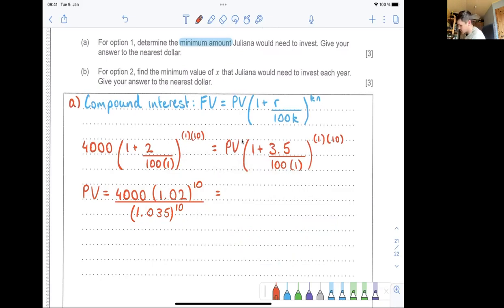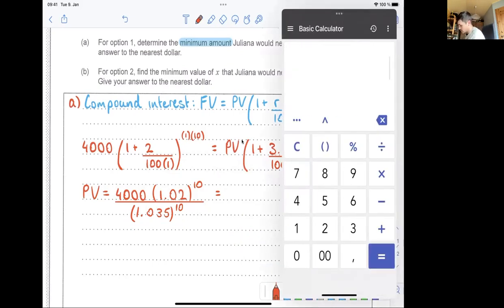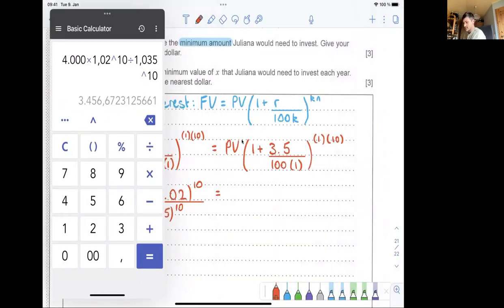And so if we put this into our calculator, we will get 4,000 times 1.02 to the power of 10 divided by 1.035 to the power of 10, which gives us an answer of $3,456.67, let's say.